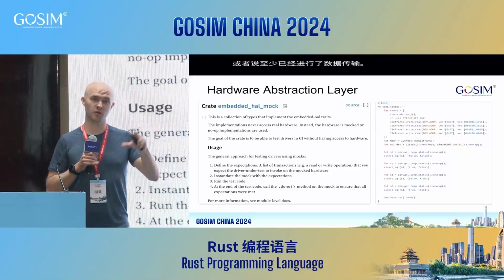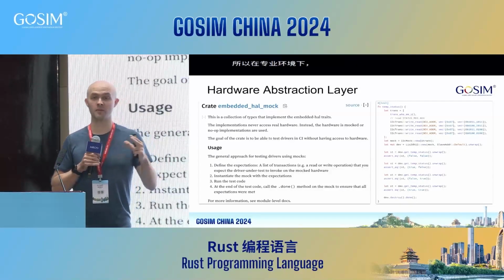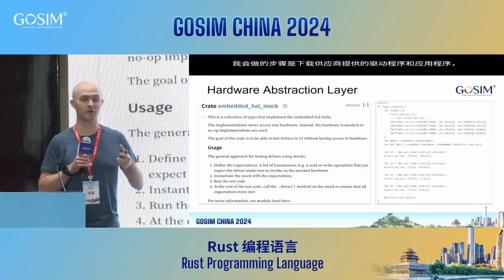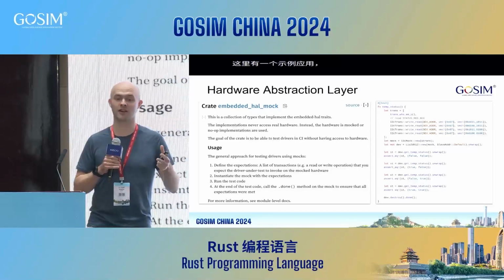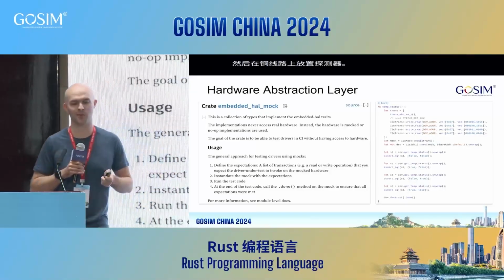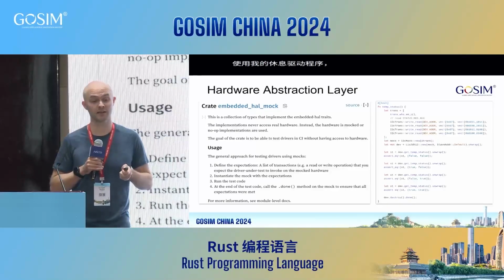I record the communication that the example executes, and I then implement my Rust driver and use embedded HAL mock to validate that my Rust driver is able to replicate the vendor-approved behavior from the example. It's a really nice way to validate that it's running correctly.